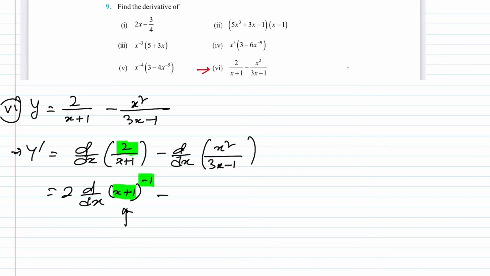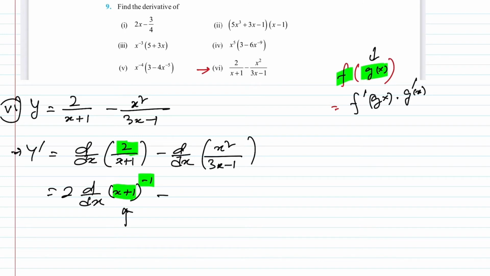That means this is a function of a function, f of g of x. So in this case you have to differentiate this considering this one as x, f dash g of x, then you have to multiply by the derivative of g of x.